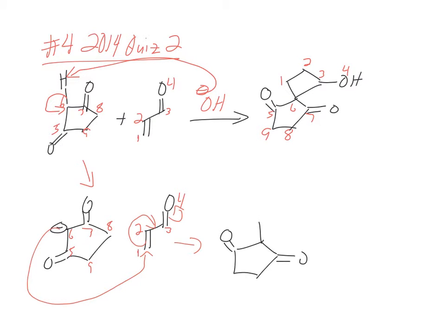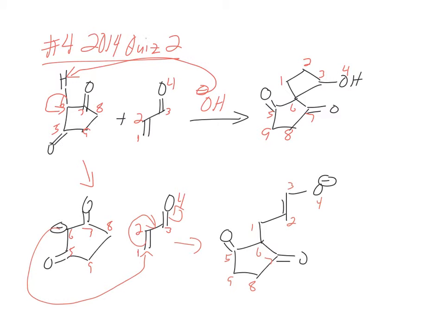Good numbering system: 5, 9, 8, 7, 6. This is supposed to be 1. 1 is bonded to 2, which is bonded to 3, which is bonded to O minus in this case. 4, 3, 2. There's a new pi bond between 2 and 3. That balanced my charge.